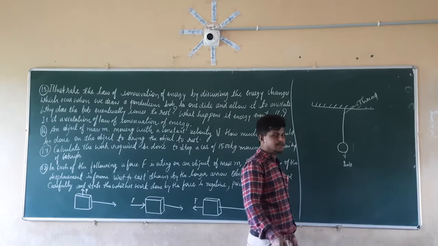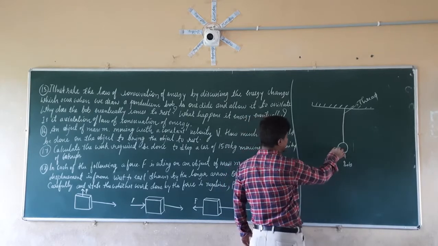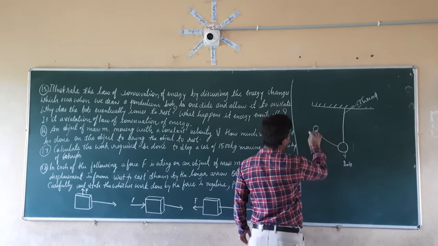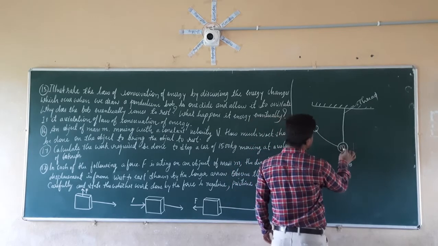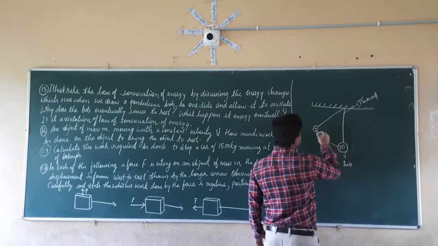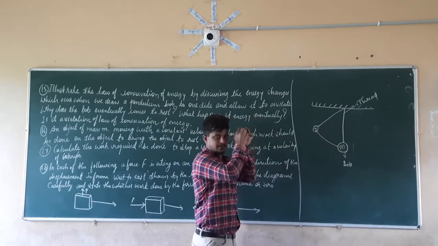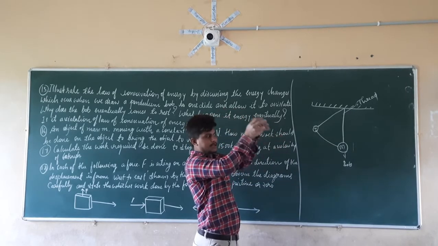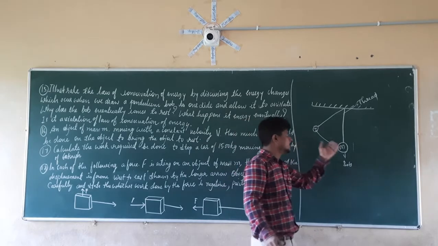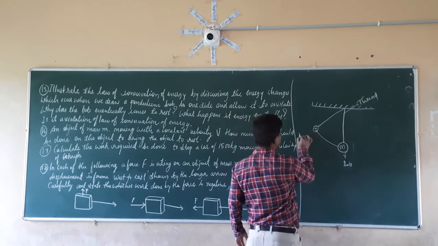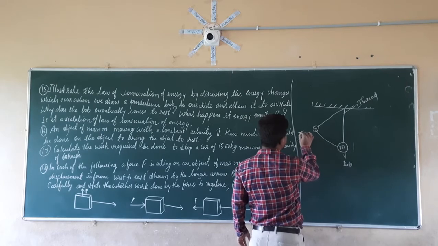So we are going to oscillate it and take this bob to this position, a mass connected to a rope. We are going to pull it out and hold it here. What happens when you hold it here? Again it gains some potential energy. So here it is the potential energy.